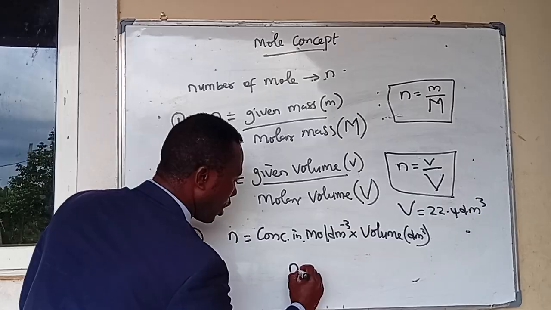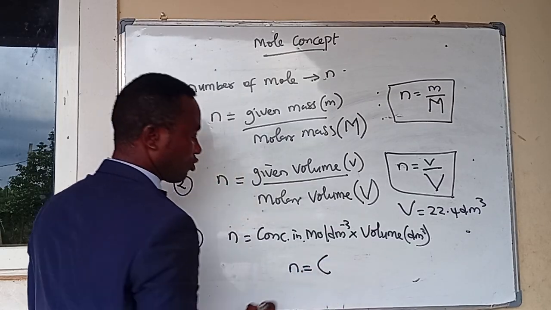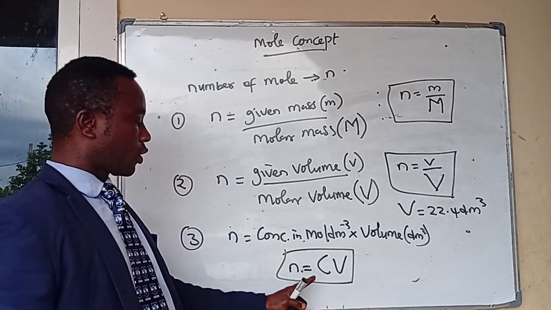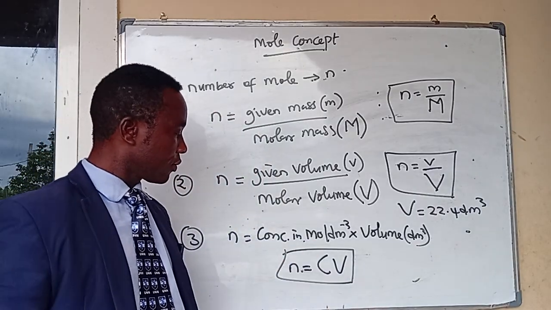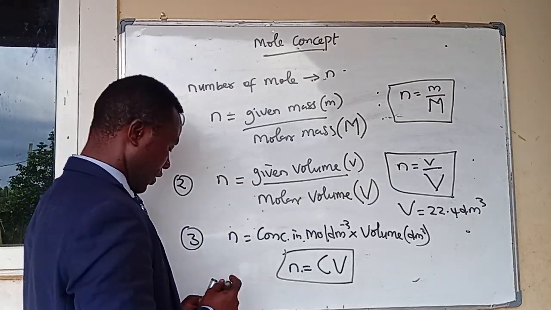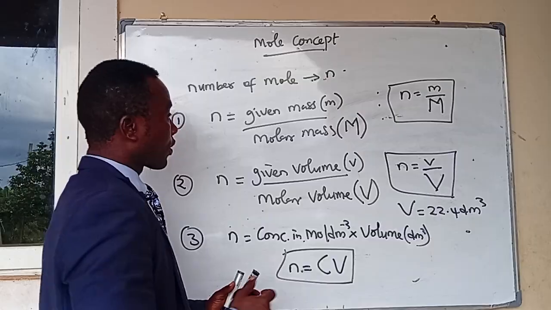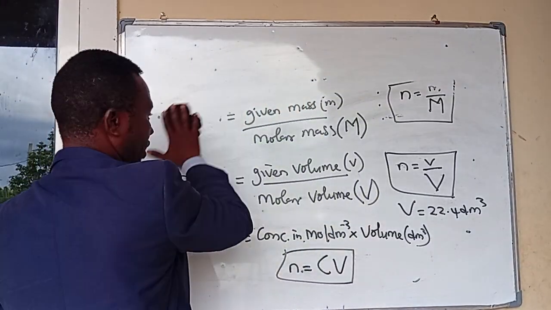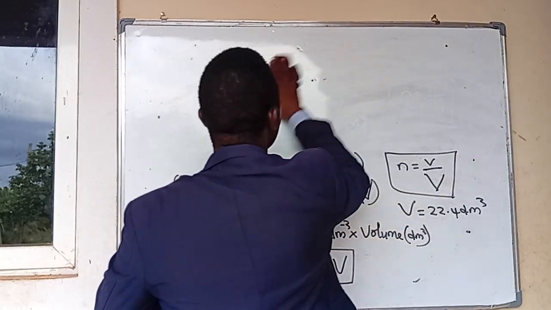So number of moles is equal to concentration multiplied by volume. The concentration is in mole per dm cube, while the volume is in dm cube. I hope you can see the board here. So that is the number 3 formula for number of moles.